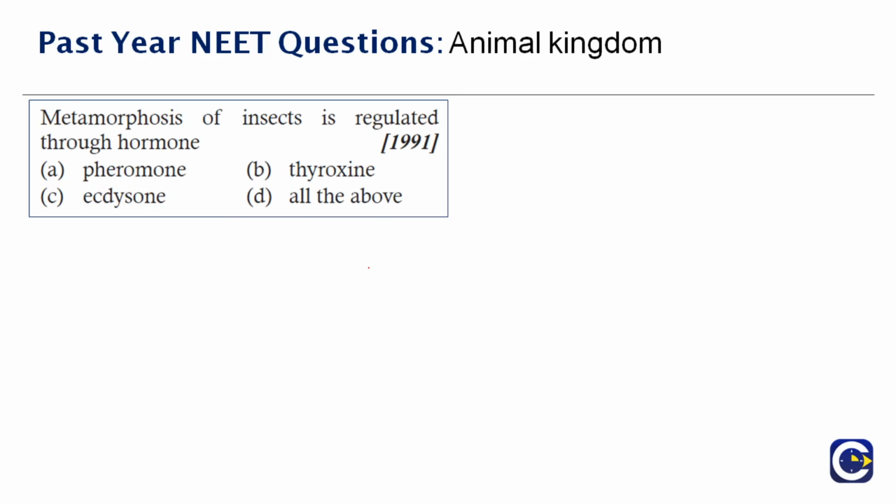Next question here. Metamorphosis of insects is regulated through a hormone. So what do you call metamorphosis? There is a clear-cut explanation for that. Metamorphosis, we can talk about the whole generation process, right? It is a biological process by which an animal physically develops after birth.